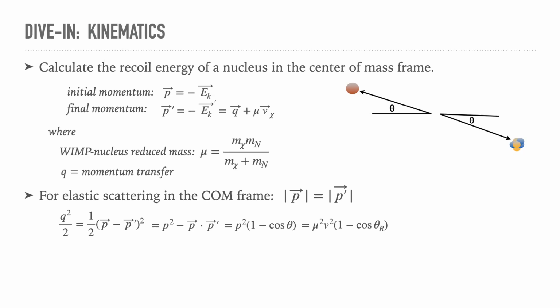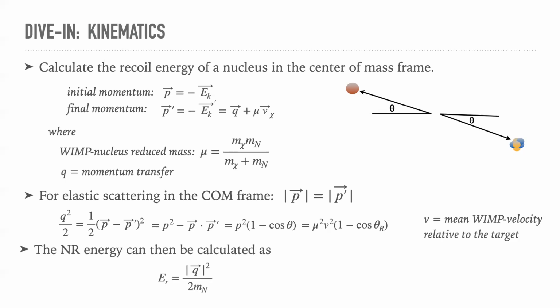This theta here, I'm now explicitly going to call theta r for the recoil angle, which is this angle here, our recoiling nucleus. And just to be clear, this velocity v here is the mean velocity that's relative to the target. So once you have this, you can then calculate the amount.